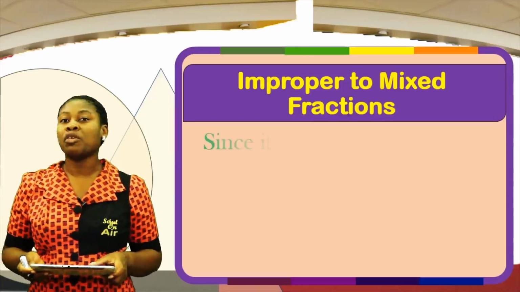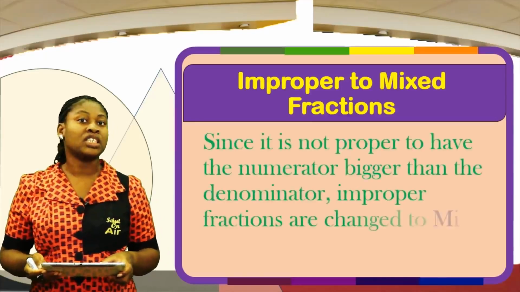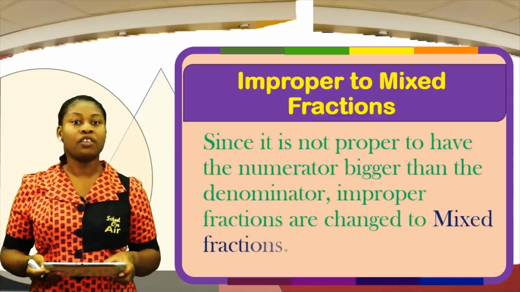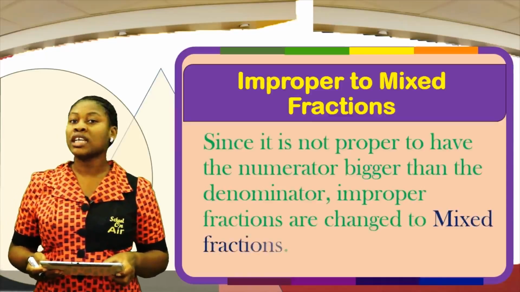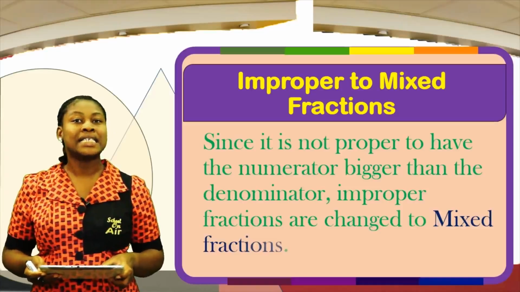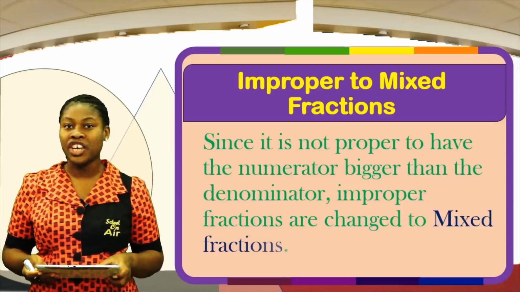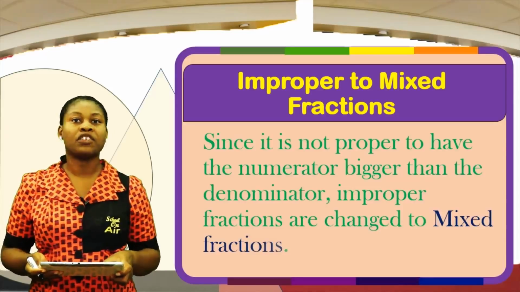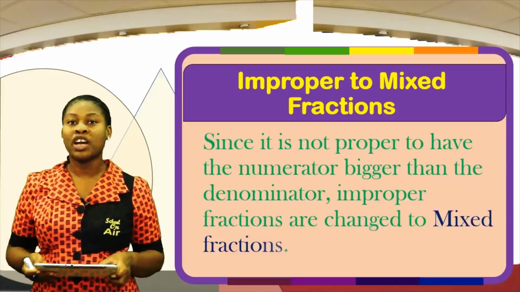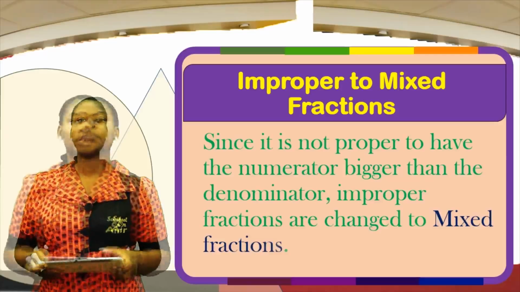Just as the name of the fraction implies, improper, that means it is not in its proper form. Since it is not proper to have the numerator bigger than the denominator, improper fractions are changed to mixed fractions.